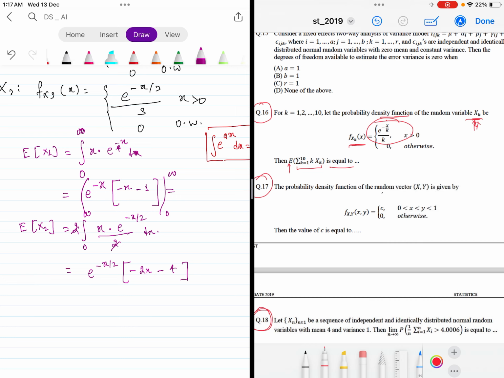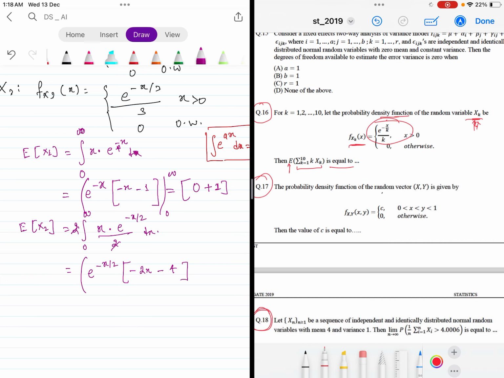So here what we are going to get is e to the power minus infinity, that will be complete 0, and if we put 0, here we will have minus 1 and this minus 1, so overall we are going to get 1, right? That will be minus and minus, so here we are going to get ultimate 1, right?